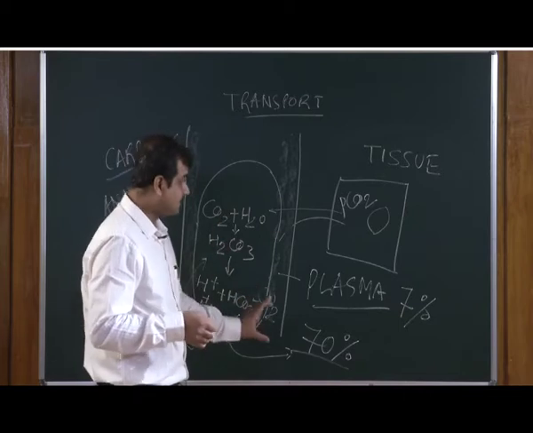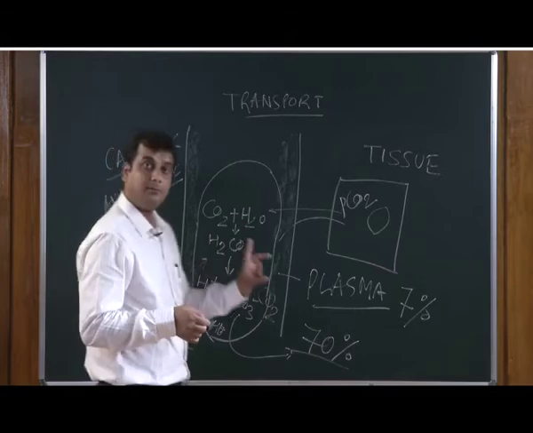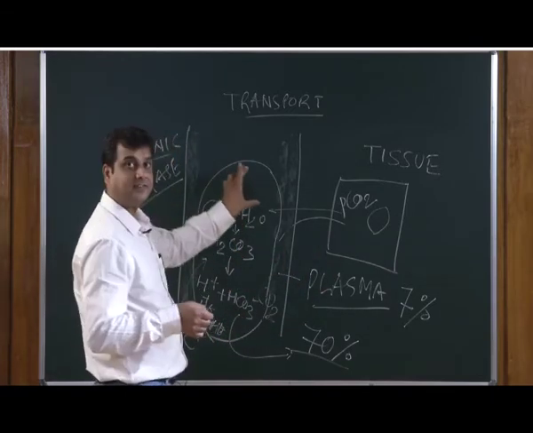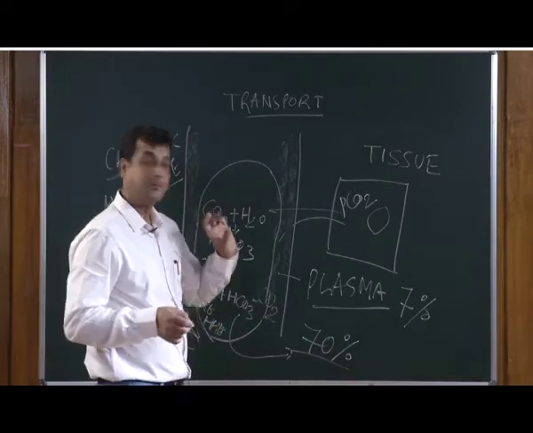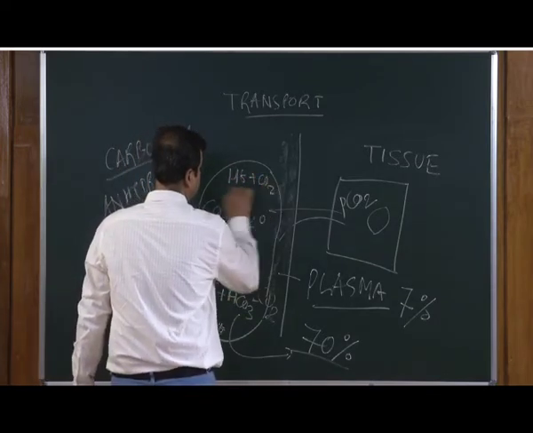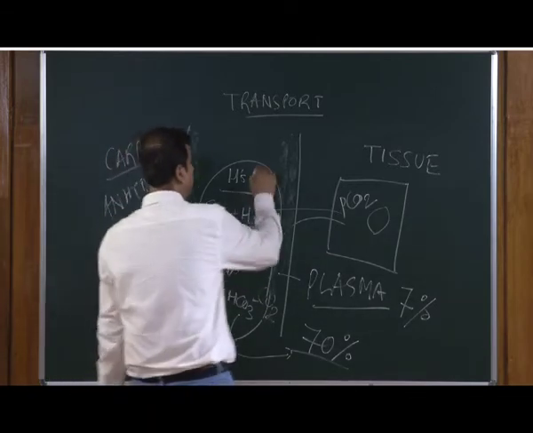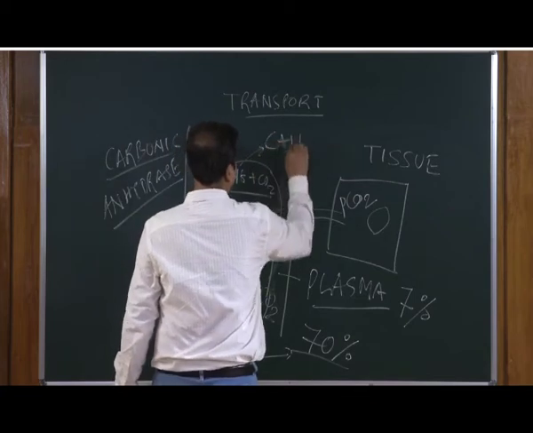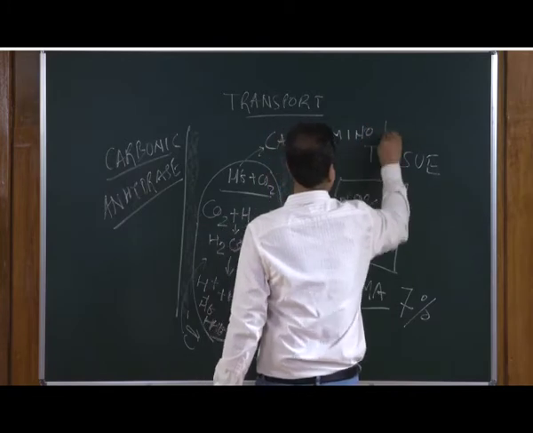Now, the remaining 23% is coming from a very important ingredient which is formed by the amine group present in the hemoglobin. The amine group present in the hemoglobin binds to the CO2. This hemoglobin and the CO2 after binding form a very specific molecule called carbaminohemoglobin.